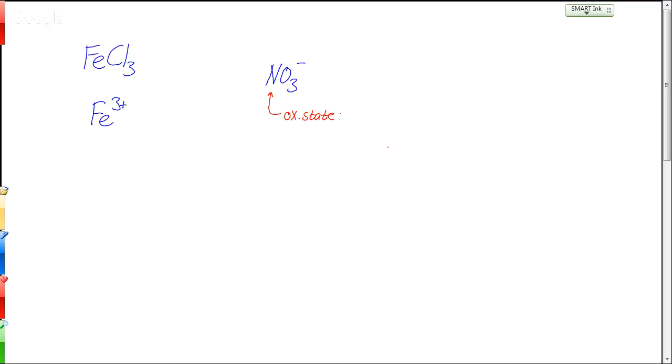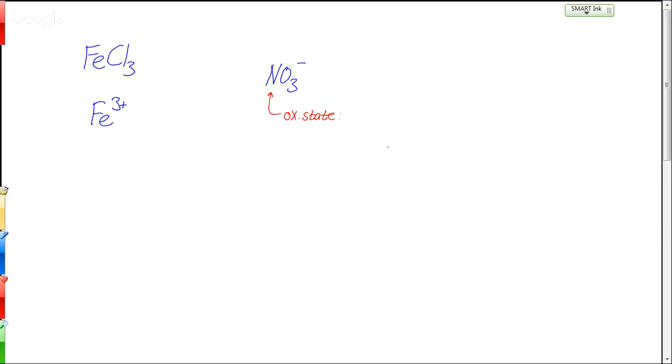How do we figure out the oxidation state of nitrogen in the nitrate ion? Yeah, we use ones that are more common in a particular state. So we know oxygen is almost always -2, except if it's elemental oxygen, or the other exception is peroxide, but it's pretty much always -2.